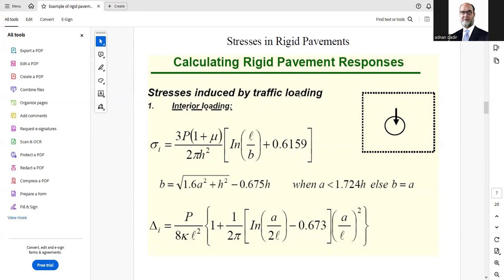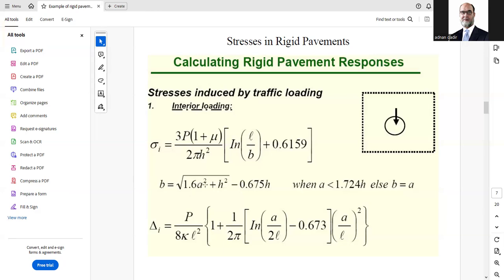Sigma i is the stress at the inner portion, or the stress at this point. Here, mu is nothing but the same Poisson ratio, this is the natural log, l is the radius of relative stiffness and B is a constant.